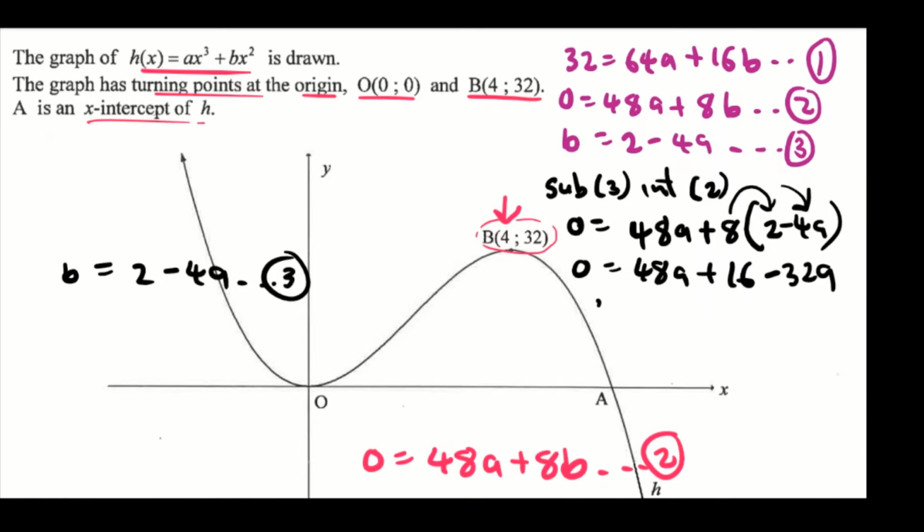So you collect the like terms: 0 equals 48a minus 32a plus 16, so 0 equals 16a plus 16.